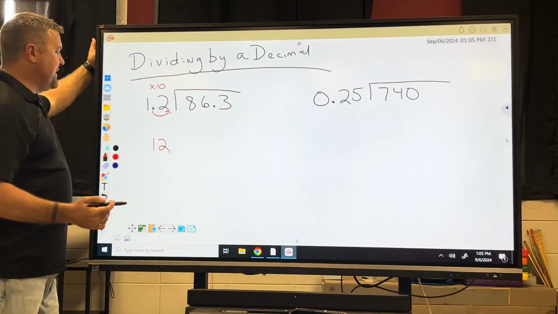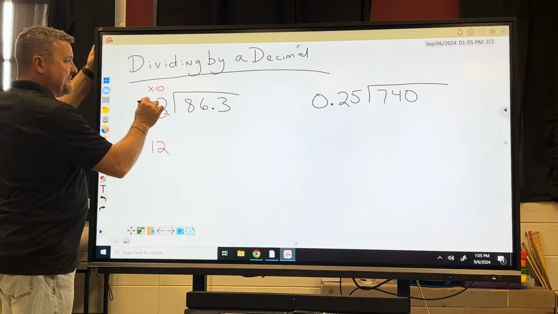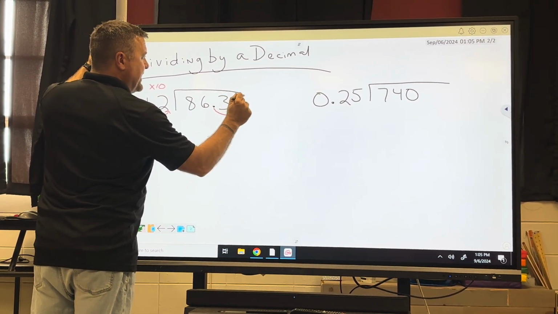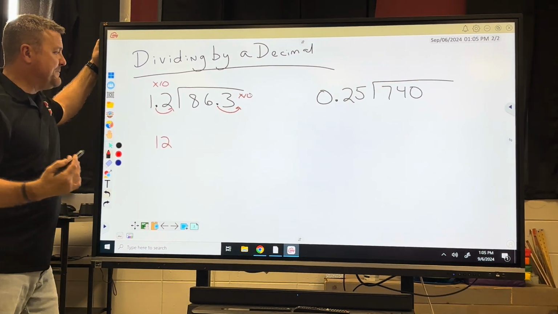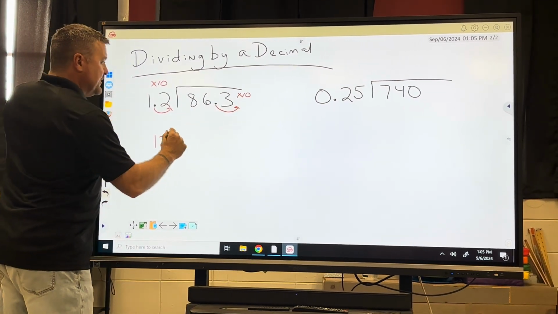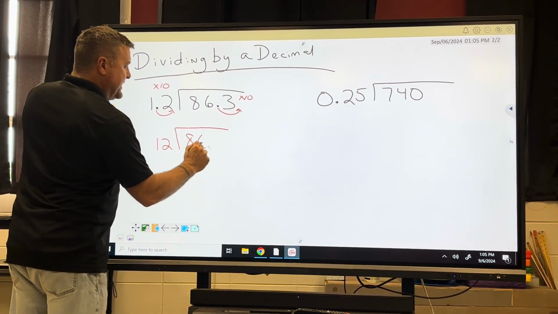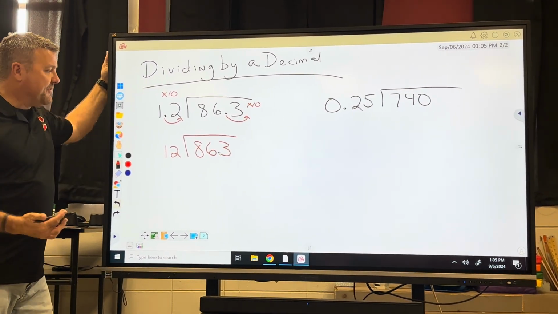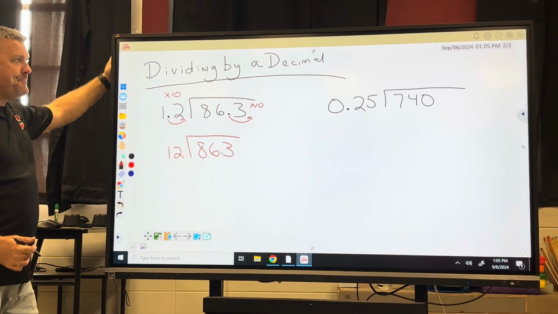Now here's the key thing. If I do it to my divisor, I'll also have to do it to my dividend. I'll also have to multiply both numbers by 10, move both decimals one place to the right, and this actually becomes 863. Now I can divide this. I can solve this because I've got a whole number, okay?